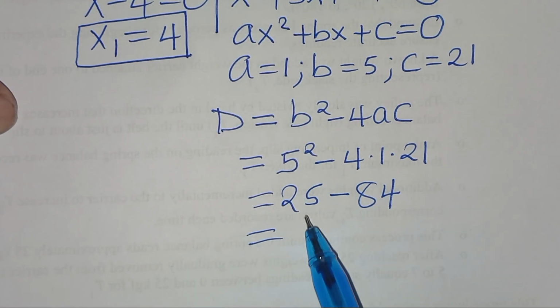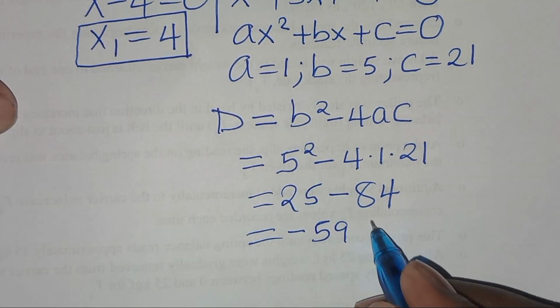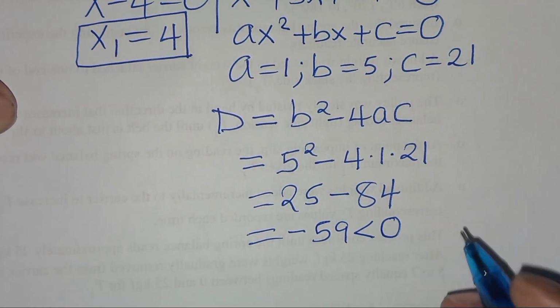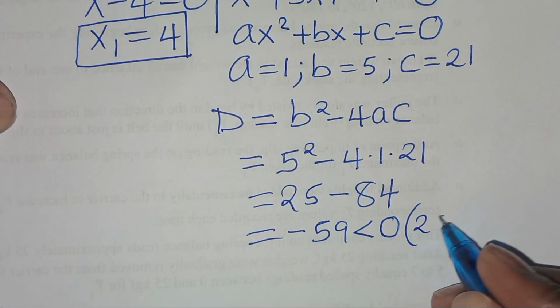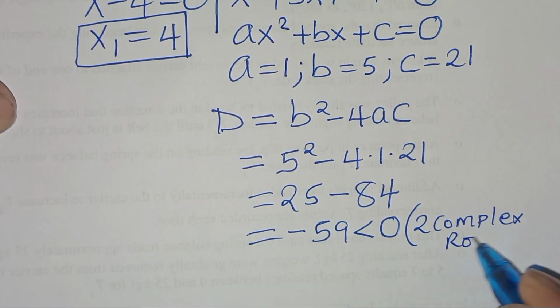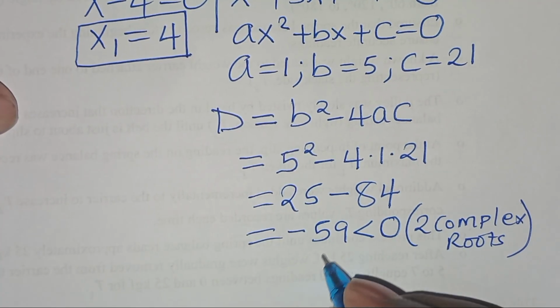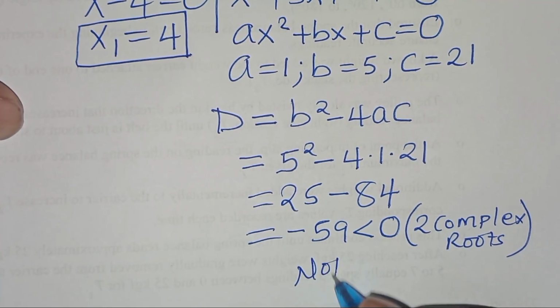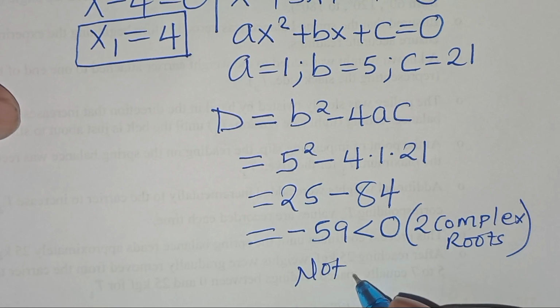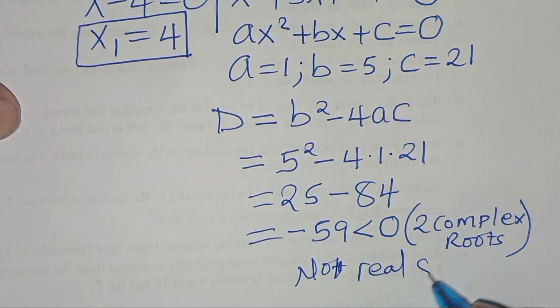We have that 25 minus 84, this is minus 59, which is less than 0. So this implies that we have two complex roots, and this will not give us a real solution. Okay, there will be no real solution here.